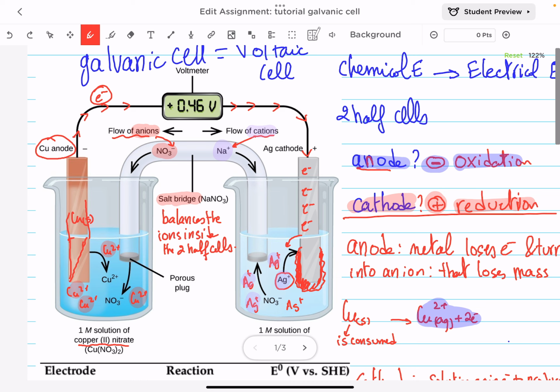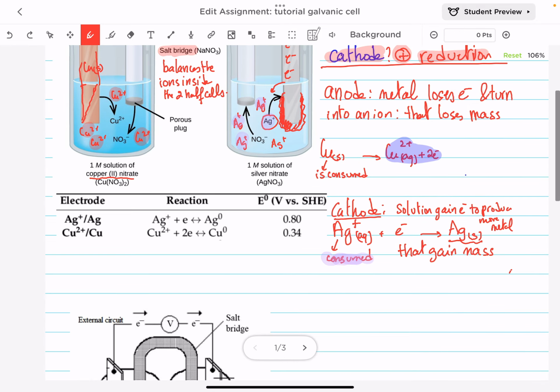When the anode loses electrons and the cathode gains electrons, and the ions in the salt bridge migrate, at that point an electric current is generated that flows. The current goes in the opposite direction of the electrons, and the current flows from the cathode to the anode.